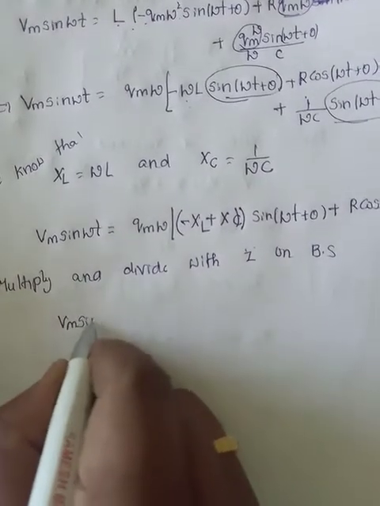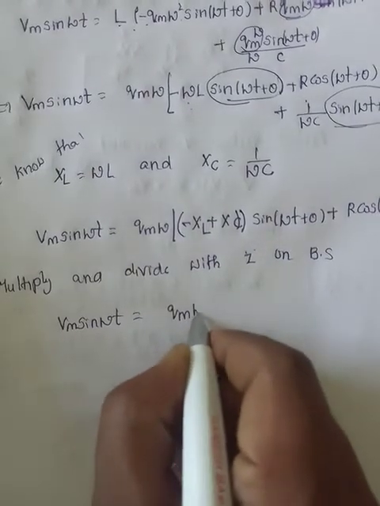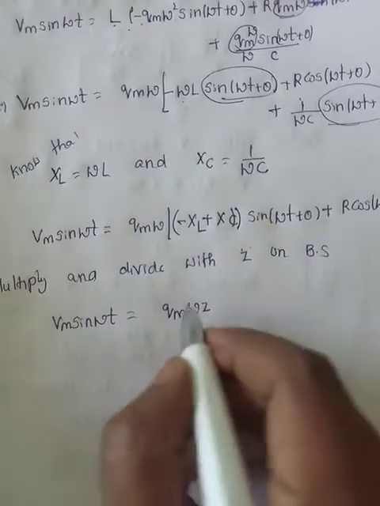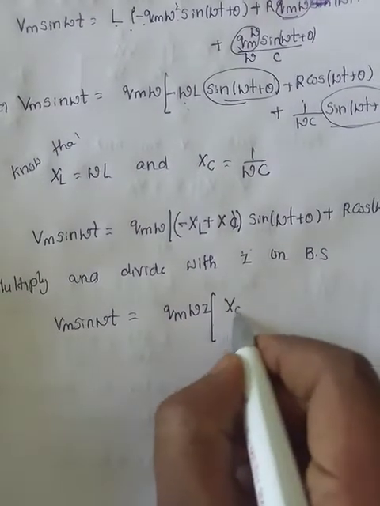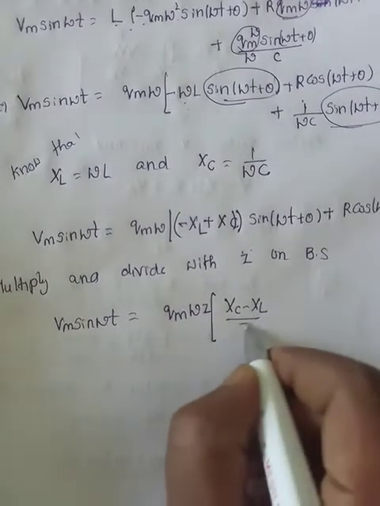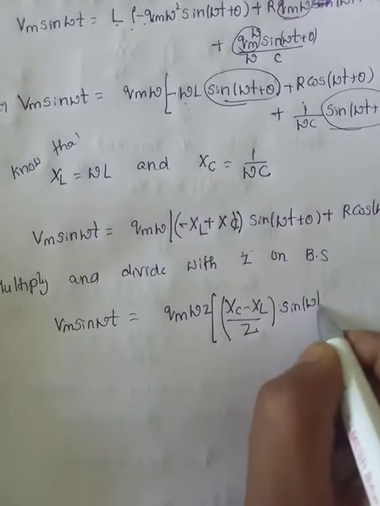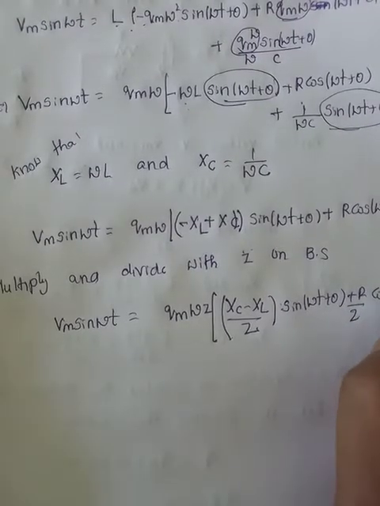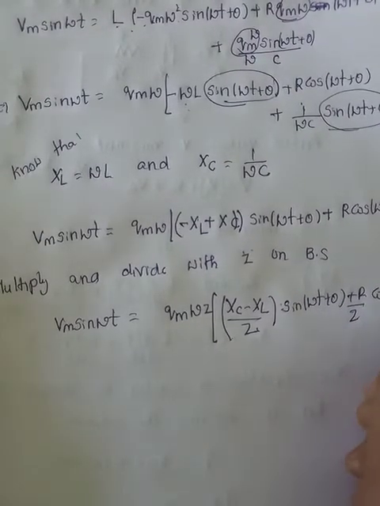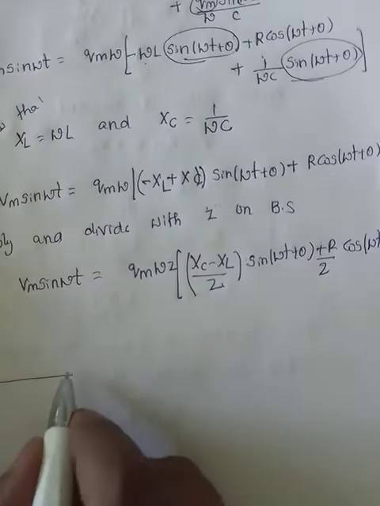Vm sin omega t is equal to Qm omega Z into, this can be written as (XC minus XL) by Z into sin of omega t plus theta plus R by Z cos of omega t plus theta. Okay. Now already we have taken the triangle.